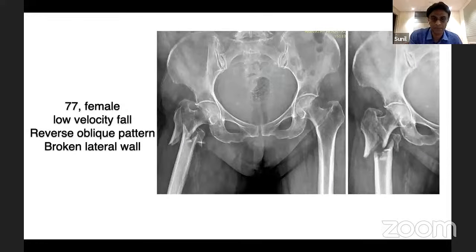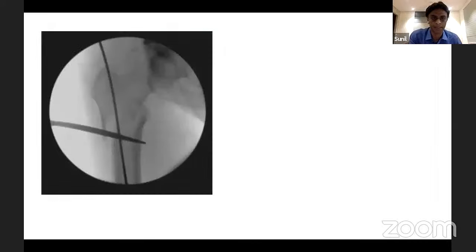Here is another very similar case with a comminuted reverse oblique pattern with a broken lateral wall. Again, an elderly, osteoporotic patient with a low velocity fall. In these cases, we prefer to use high profile nails, as you saw in the last case as well, but in younger patients, we tend to use recon nails most of the time. Again, you have a translated deformity in the coronal plane. A bone hook works great as well.